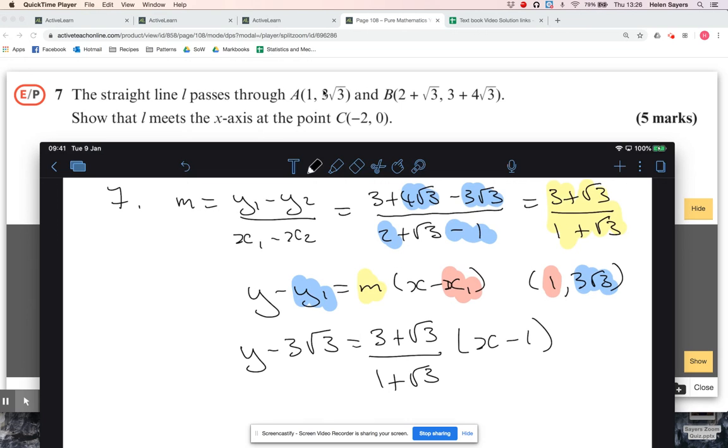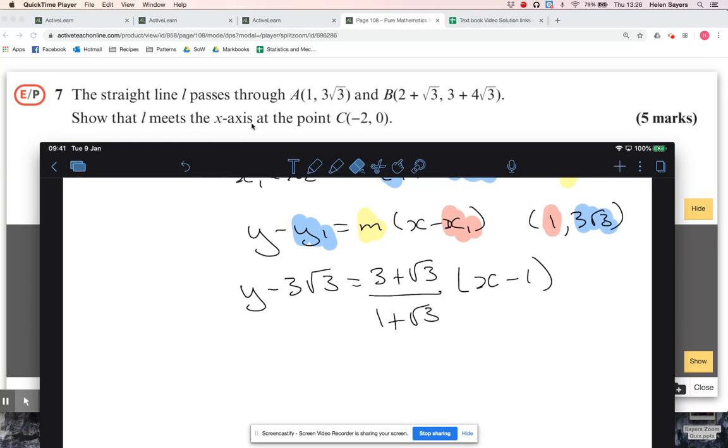Okay, and so I'm definitely going to have to think about simplifying, but I'm also now going to think about what I'm actually after, because I don't need the full equation of the line, that is the equation of line L, but obviously it would need simplifying if that was going to be my final answer. But I'm trying to find where it meets the x-axis.